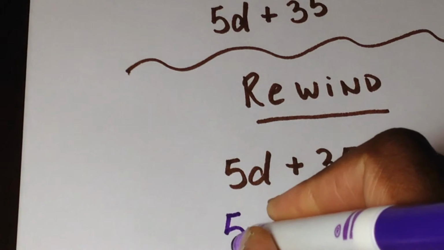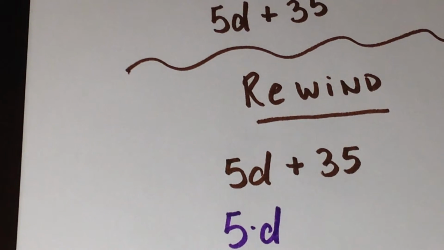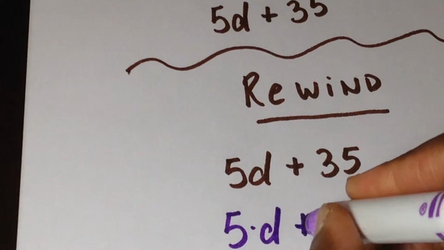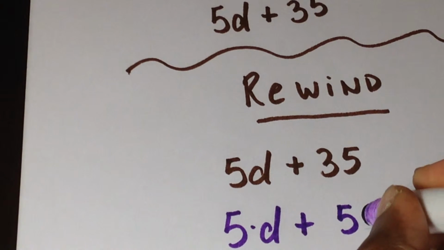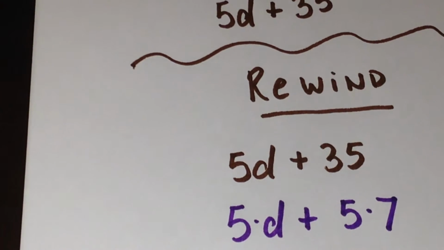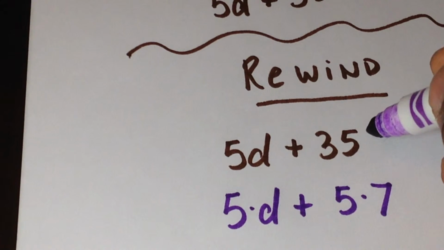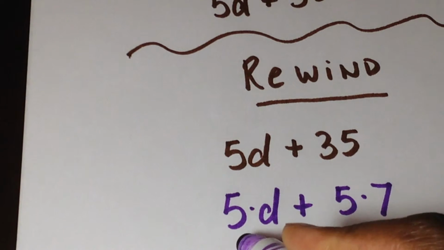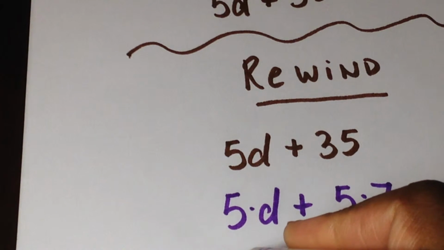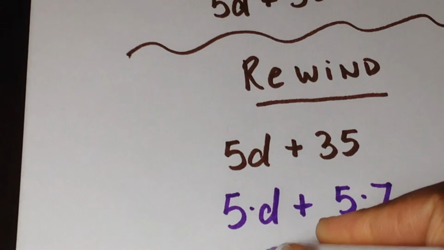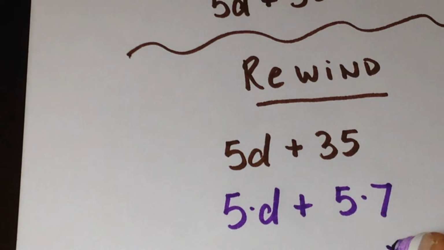You have to do 5 times d plus 5 times 7, okay, we know it was 5 times d plus 5 times 7 to give us this 5d plus 35, and now I'm going to factor out the 5, and in parentheses, I'm going to put what's left over.